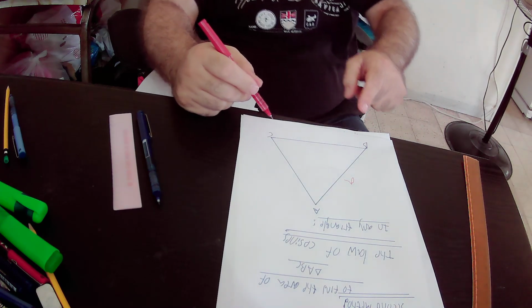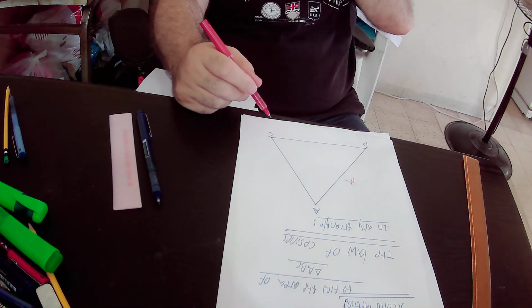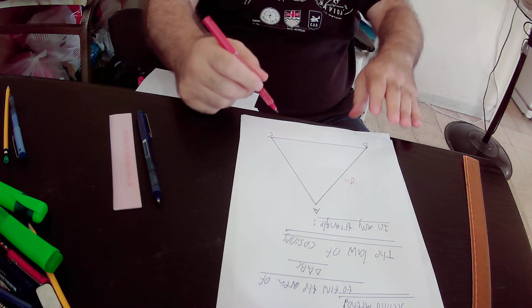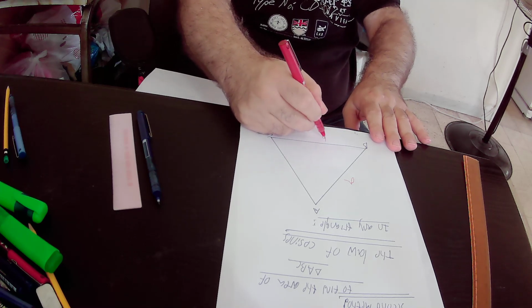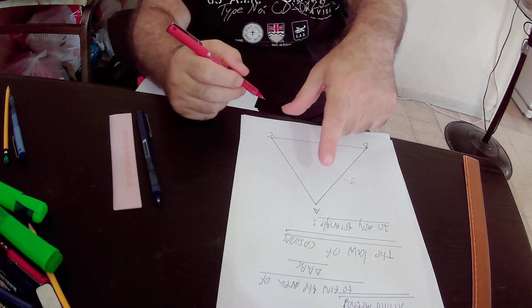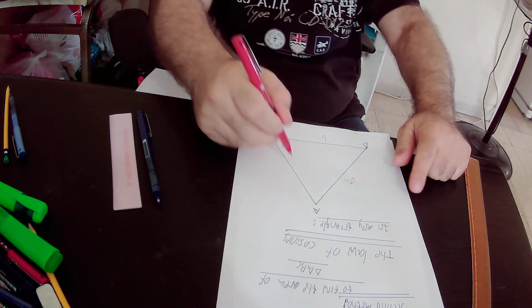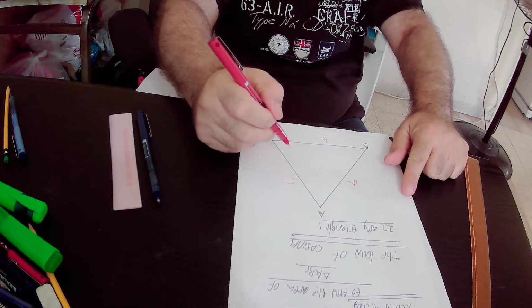Side BC of triangle ABC equals B units in size. And side AC of triangle ABC equals C units in size.